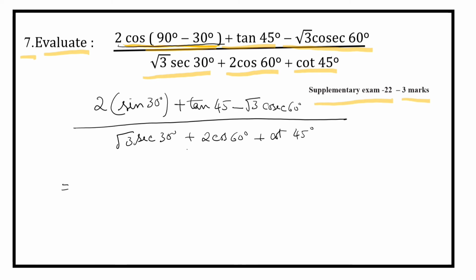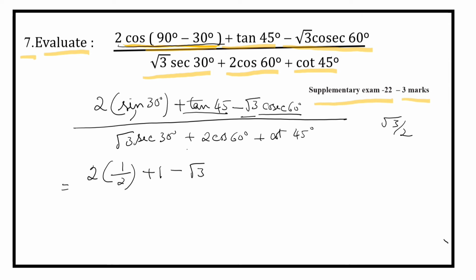Now let us apply the values for it. We know it either by using hand trick or by using table for some specific angles. 2 into sin 30 is half, isn't it? Tan 45 is 1. Root 3 cosecant 60. It is the reciprocal of sin ratio. Sin 60 is root 3 by 2.